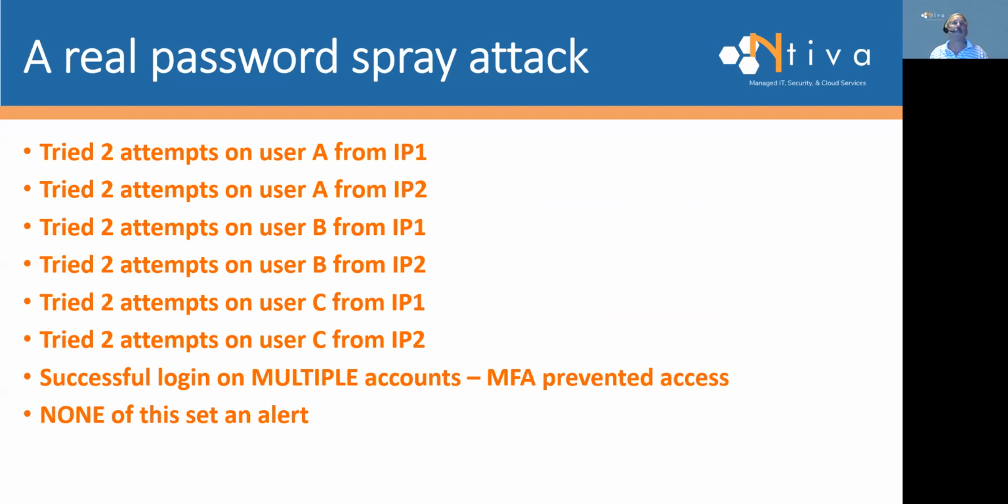This went on for more than a month. They attempted 2 attempts to get into a user account from an IP address. They tried 2 attempts to the same user account, but changed the source, so it looked different. They stopped and moved on to the next user. Did the same thing, went on to the next user, did the same thing.